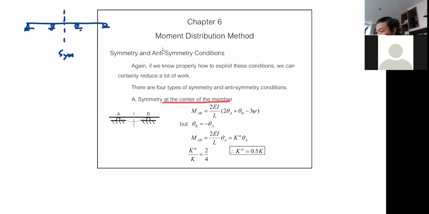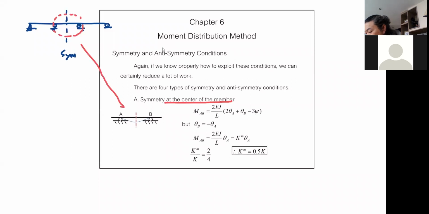So we're now taking a look at this particular member under the spotlight. Now symmetry would mean that your deflected shape would look something like this. It has to be symmetric.